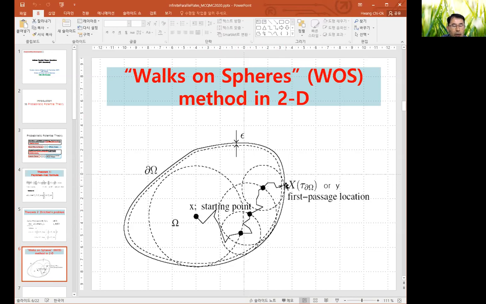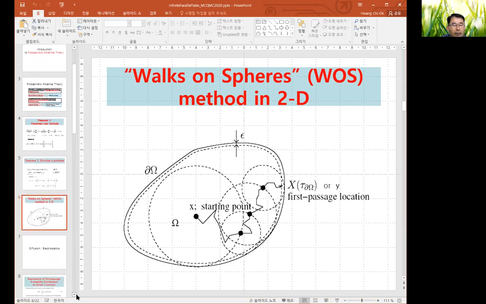We record this boundary point and repeat this. If you check the average of the boundary values, you can get the solution at the point x. This is a kind of generalized harmonic property of the Laplacian operator.